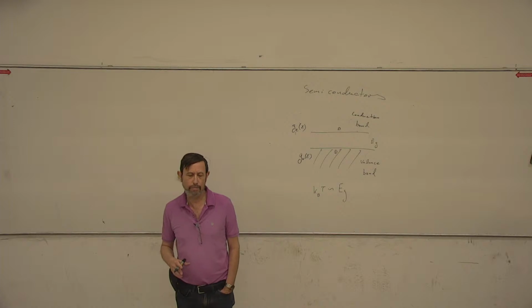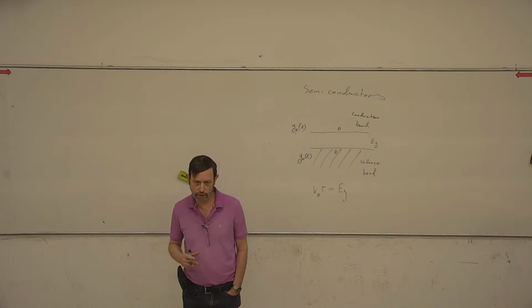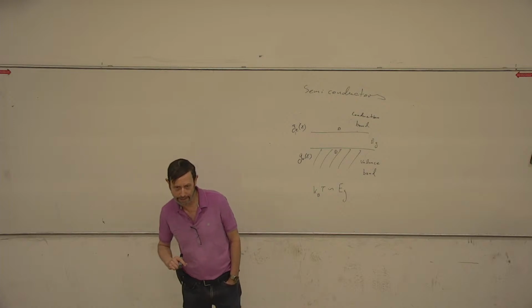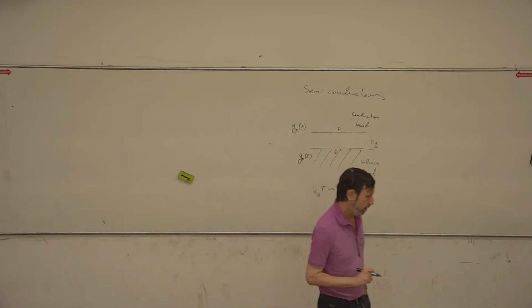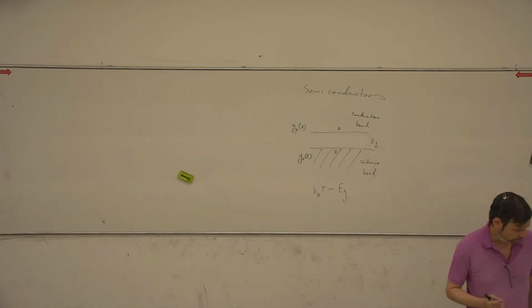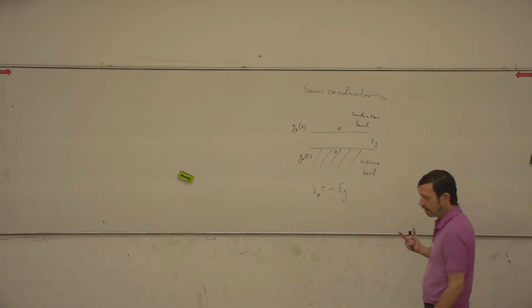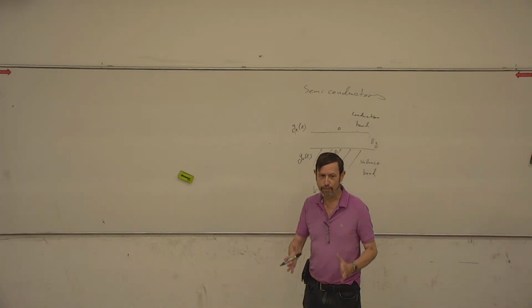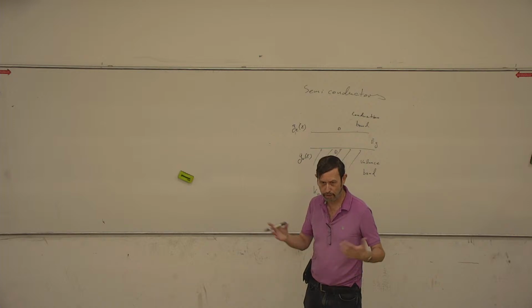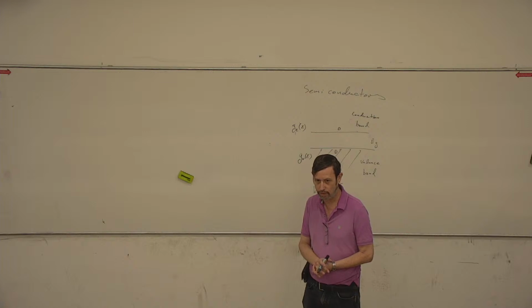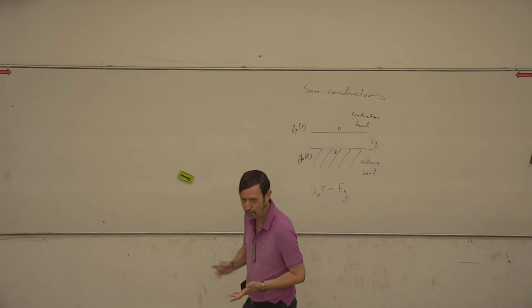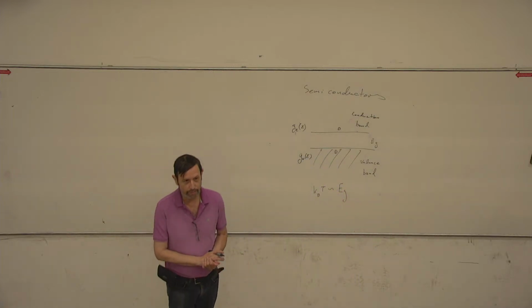But germanium and silicon, of course, are the best known semiconductors, and they have gaps of the order of 1/4 of an electron volt, which is exactly suitable for room temperature.